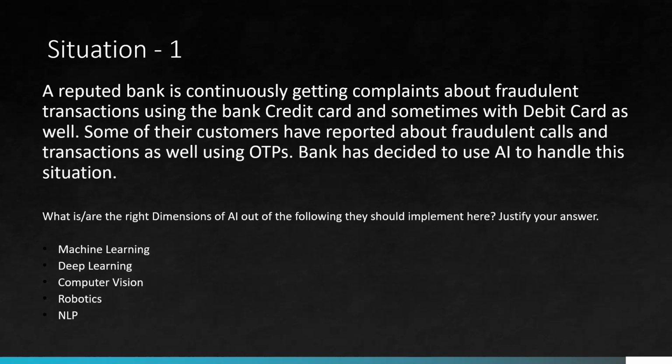Machine learning is all about understanding the pattern, and responding back. Learn from the pattern and take a decision accordingly. So which one do you think? You don't have to be absolutely correct. Just think and try to answer. Nothing right or wrong.